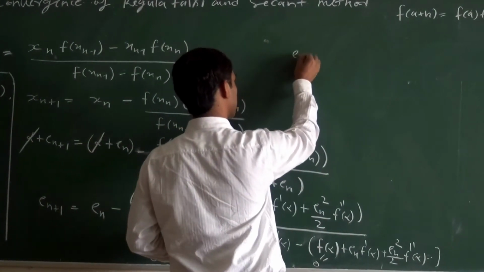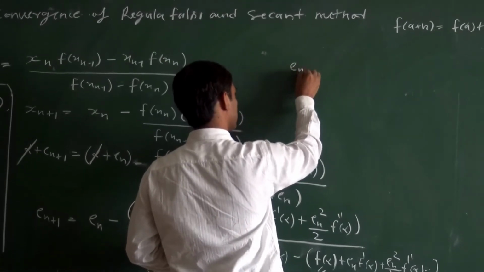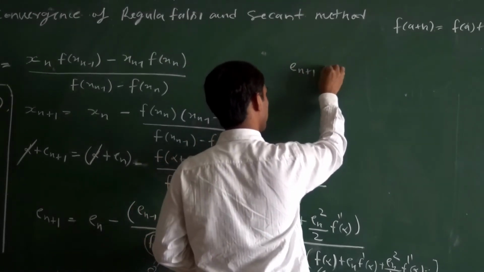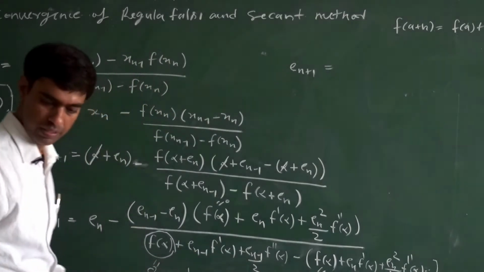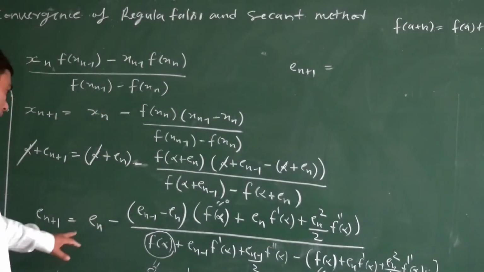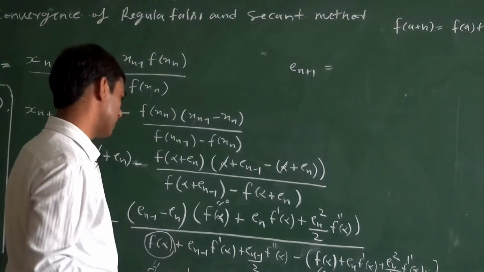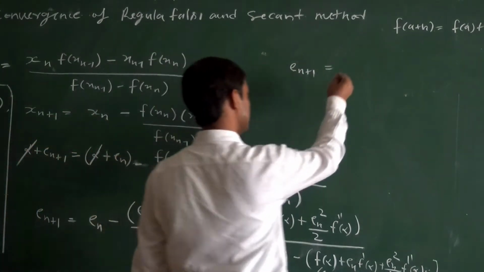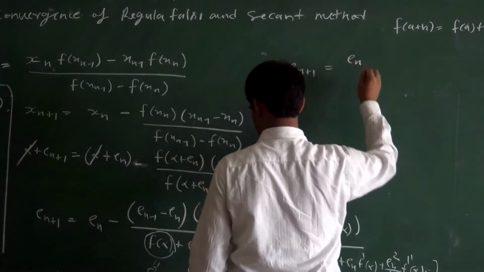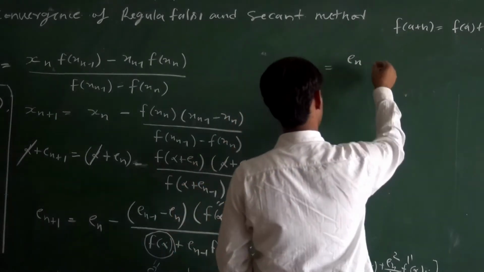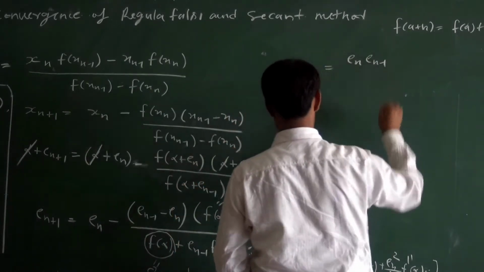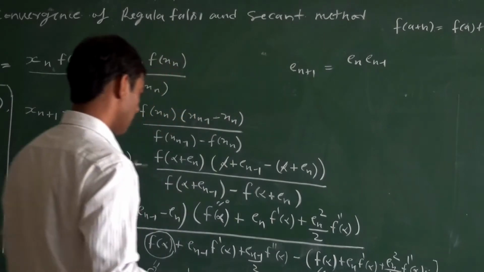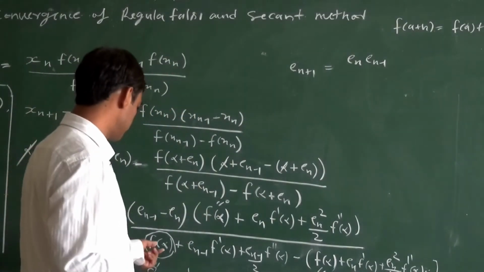E_{n+1} equals, if we multiply by this one, this becomes E_{n-1}. So what is the first term here?